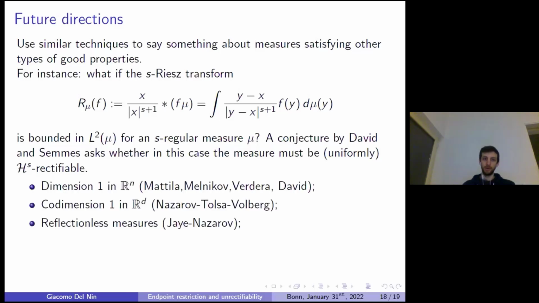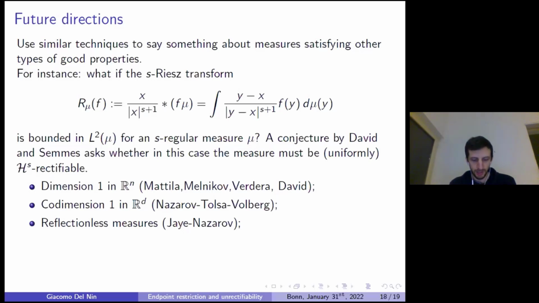I mention just a few names here. This is known only in the case of dimension 1 or codimension 1, basically. And there are general results regarding reflectionless measures by Jaye and Nazarov. But in general, the conjecture for dimensions between 1 and d minus 1 is not known.